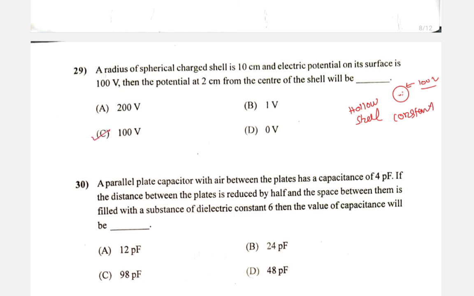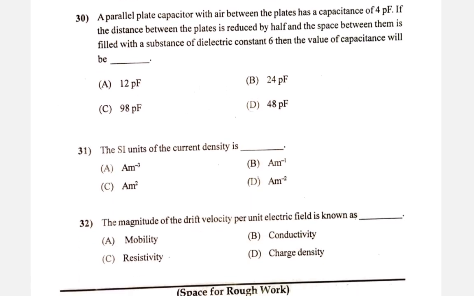Again a knowledge based question. Next, a parallel plate capacitor with air between the plates has a capacitance of 4 picofarad. If the distance between the plates is reduced by half and the separation between them is filled with a substance of dielectric constant 6, then the value of capacitance will be.